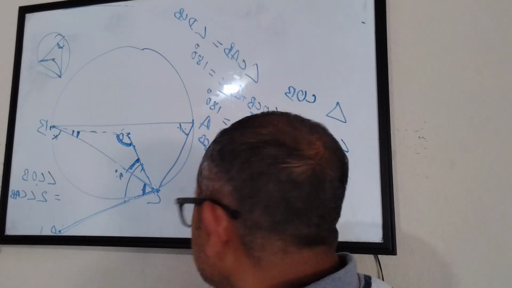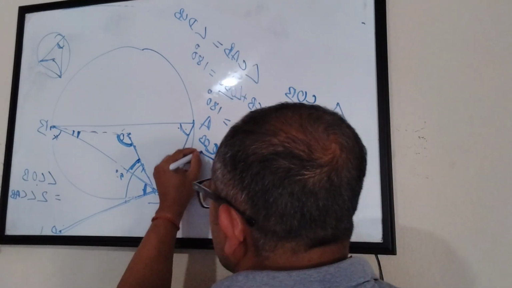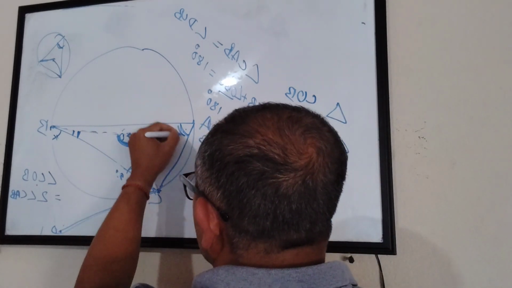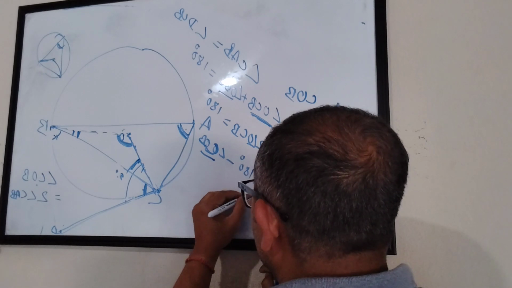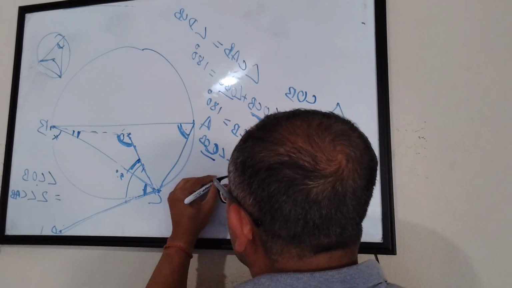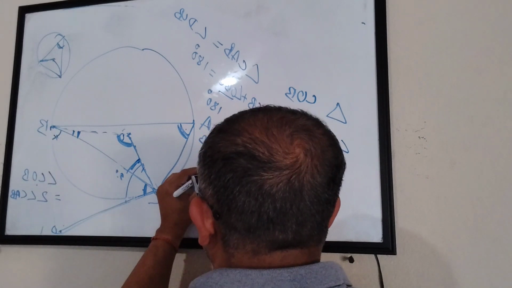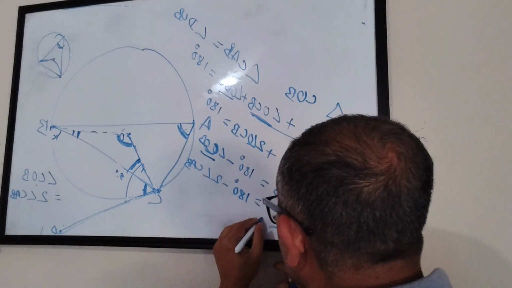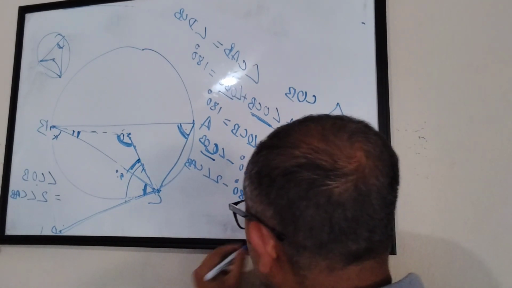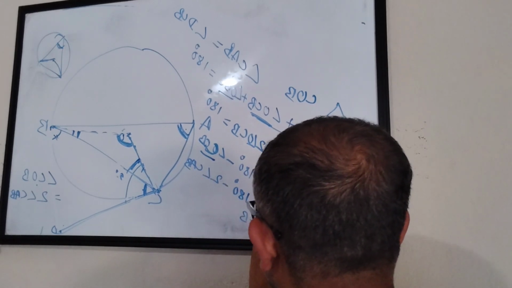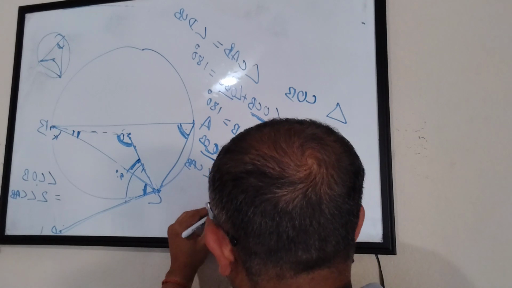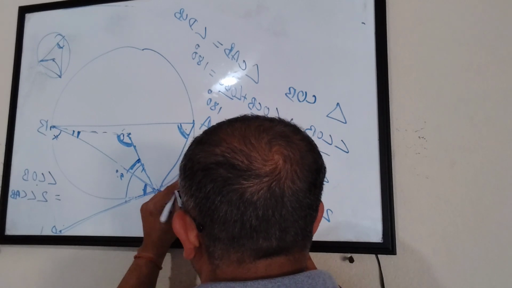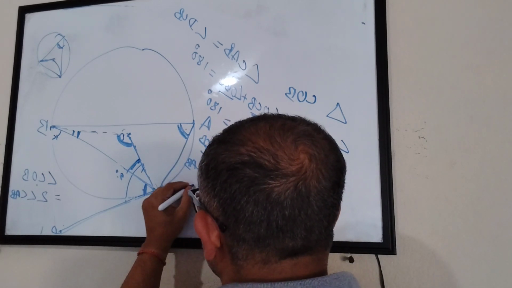Now COB, this angle is 2 times this angle, correct? I can put that value here and say 180 degree minus 2 times angle CAB. So in this equation, 2 times angle OCB is this much. I'm just going to divide everything by 2. So angle OCB becomes 90 degree minus, 2 gets knocked off, angle CAB.